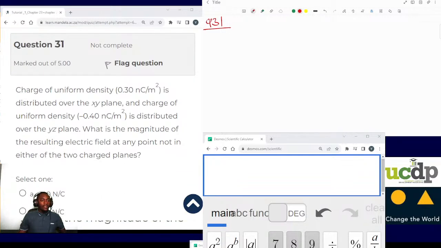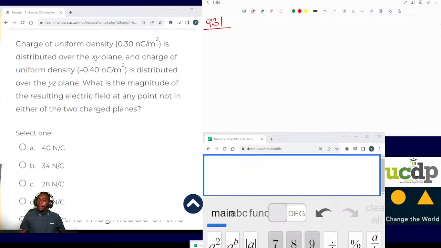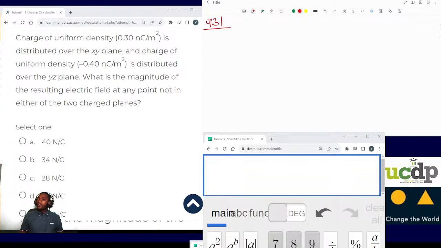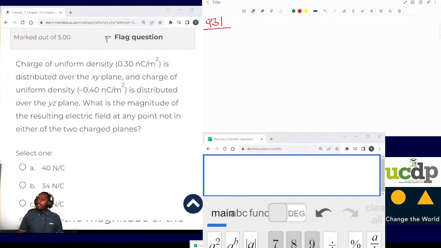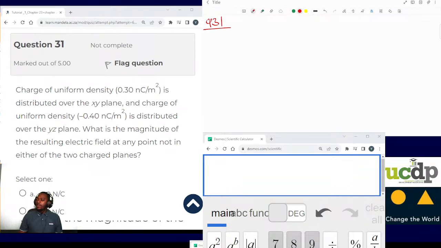Question 31 reads, charge of uniform density 0.3 nanocoulomb per square meter is distributed over the xy plane and charge of uniform density negative 0.4 nanocoulomb per square meter is distributed over the yz plane.